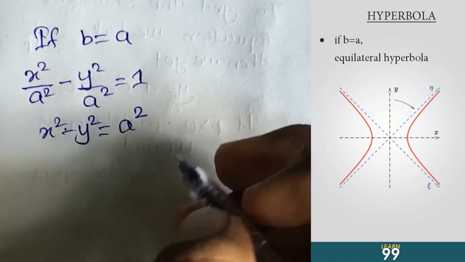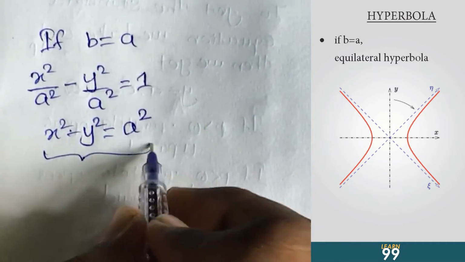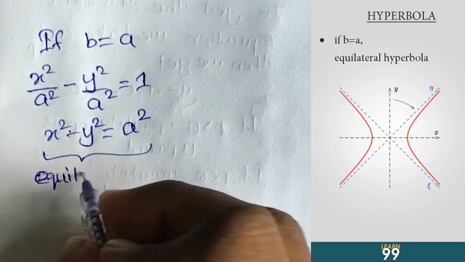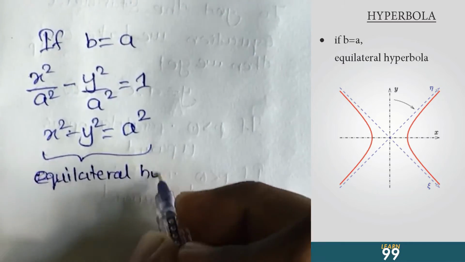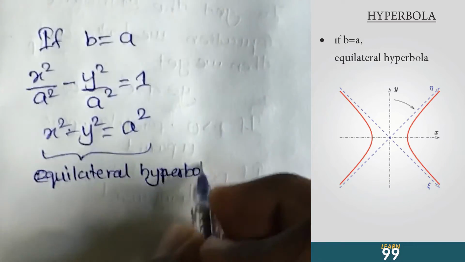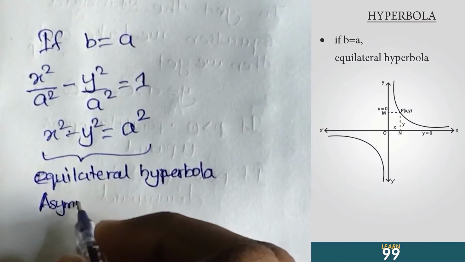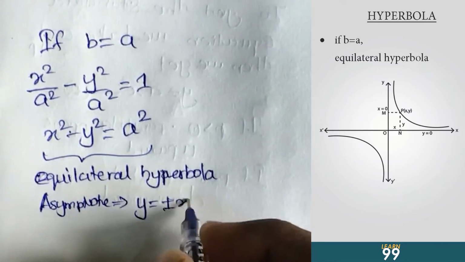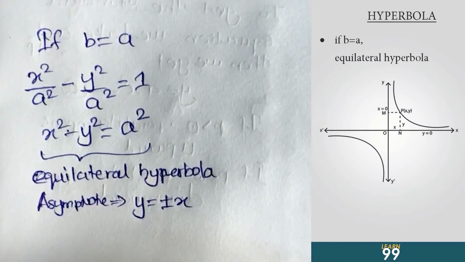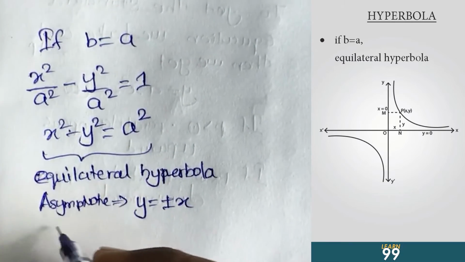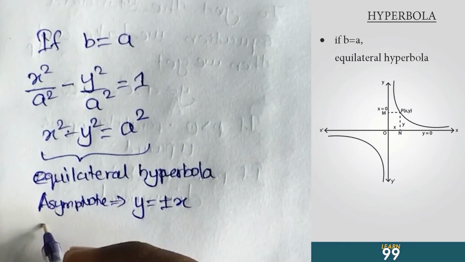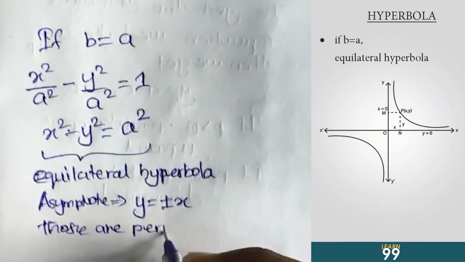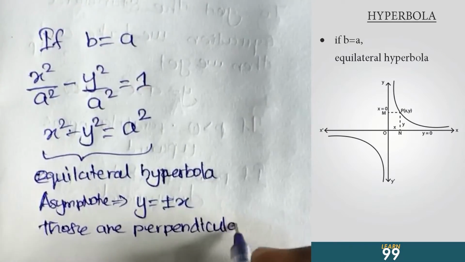We can call it the equilateral hyperbola, where our asymptotes, you can find, are x equal plus or minus y, or y equals plus or minus x. So these are perpendicular, that is obvious.